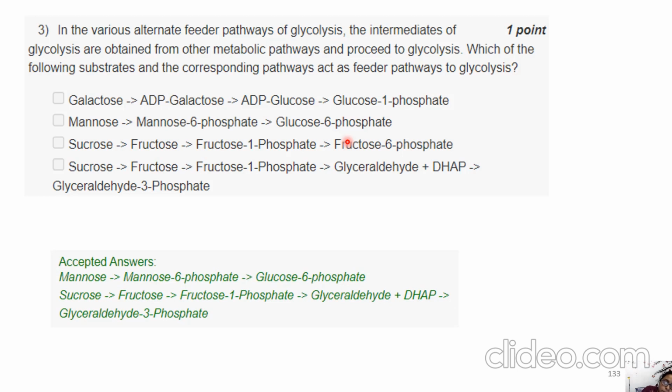Okay, so the answer will be these alternate feeder pathways of glycolysis: from mannose to mannose 6-phosphate, from mannose 6-phosphate to glucose 6-phosphate.